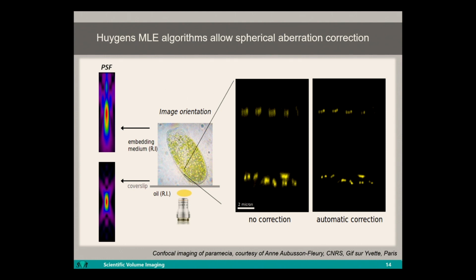This specific depth correction ensures that similar types of objects are properly restored to similar structures, irrespective of their position within a 3D sample. And you see that here with a confocal dataset where a paramecium was imaged just above the coverslip. The objects are somewhat elongated deeper in the sample. They are more elongated, and after automatic correction of spherical aberration and deconvolution, the objects look more alike.